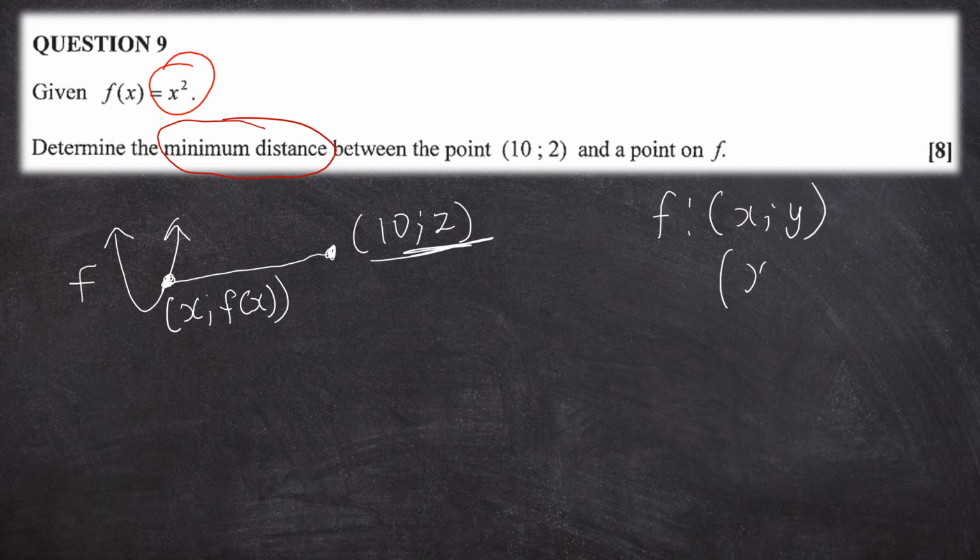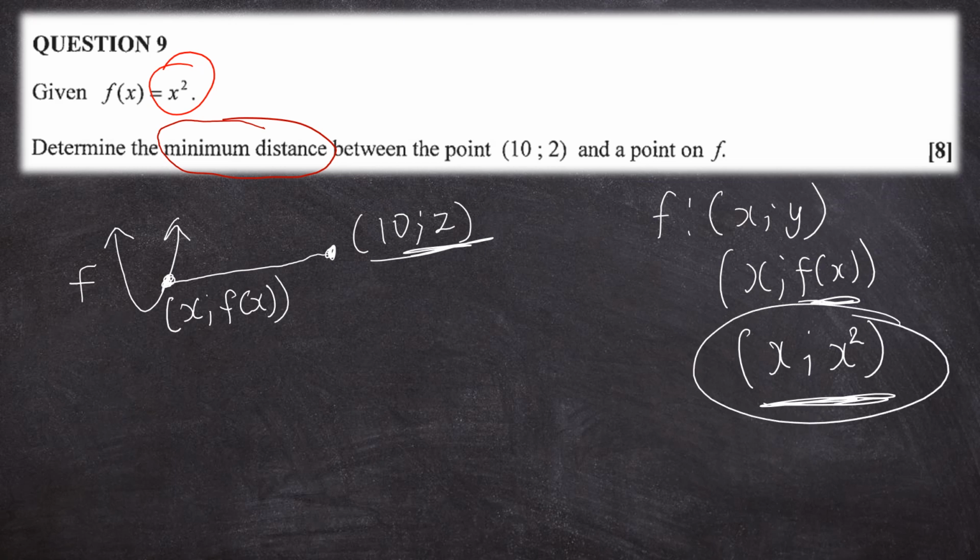Then what do we do? We replace y by f of x. Then again, we said, no, we do have f of x. It's given as f of x equals x squared. So it means that we want to find the minimum distance between the point (10, 2) and a point on f, which is (x, x squared), right? Which is our y, which is f of x, in other words.